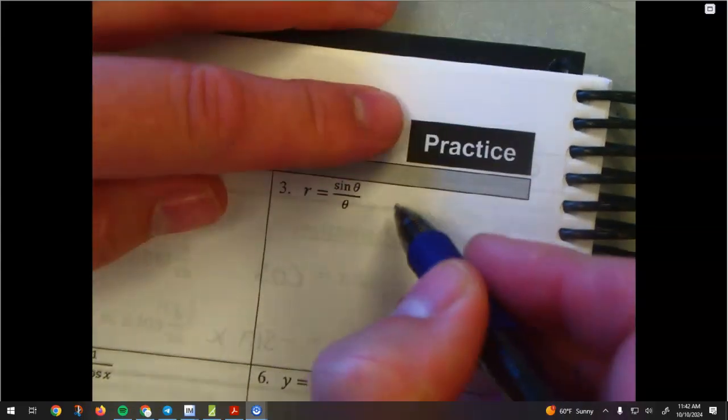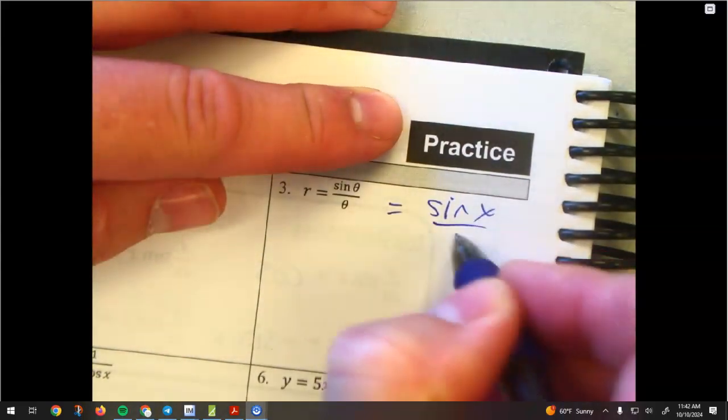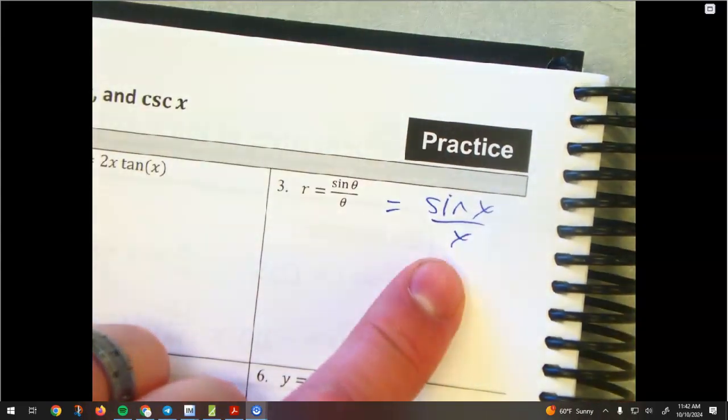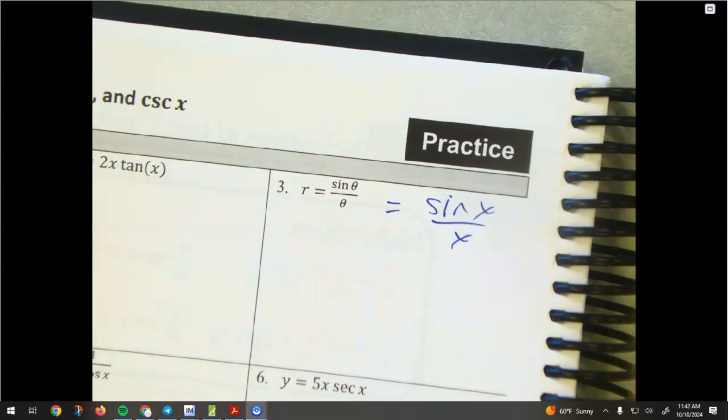So you can think of it like sine of x over x. And then the derivative of the x on the bottom is 1. So then is that what you're saying? Fair enough.